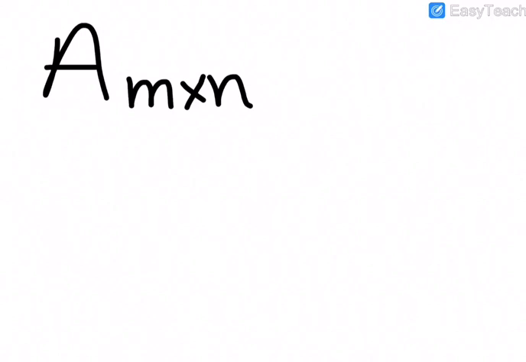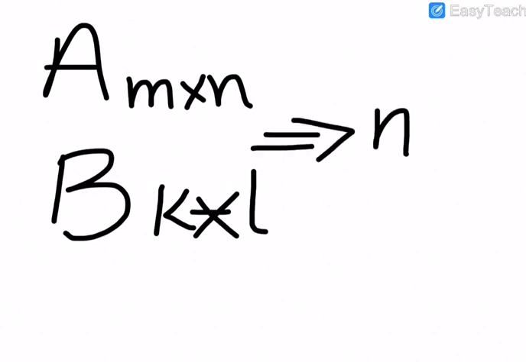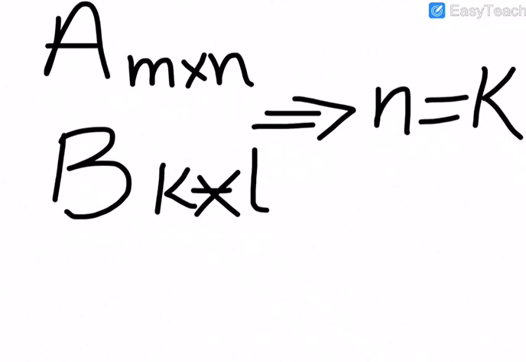First, if matrix A is an M by N matrix, and B is a matrix of K by L, then there is a must condition that should be satisfied. N should be equal to K, if A times B is going to be definable, okay? If we are going to define A times B, N should be the same as K. Let's write it like this.